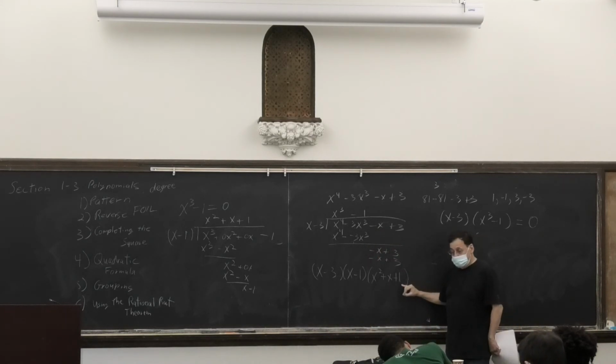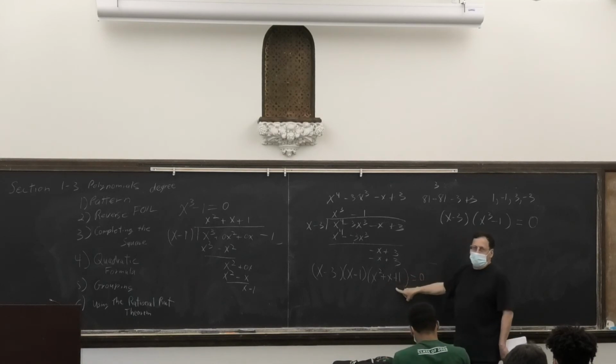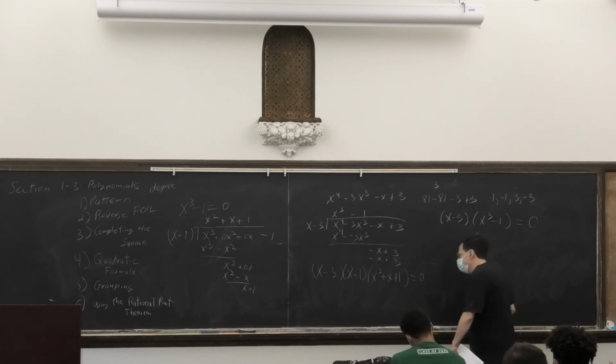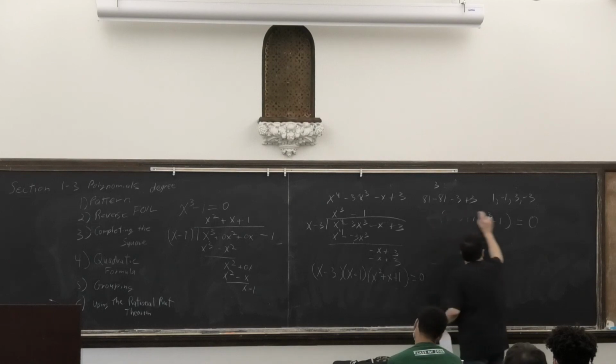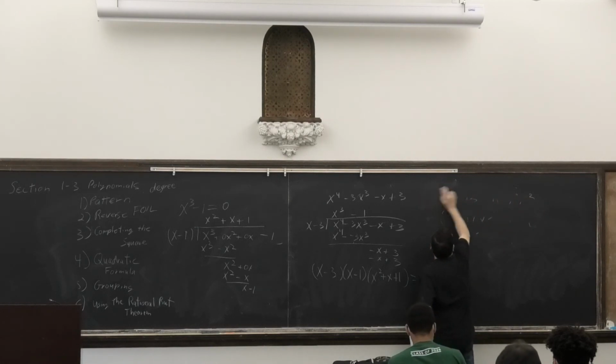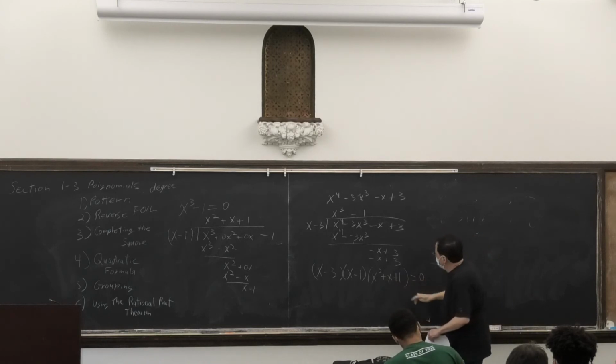I can try the rational root theorem, and I can see right away that neither 1 nor minus 1 turns it to 0. So to factor this, I'm going to use the quadratic formula. What is the quadratic formula?